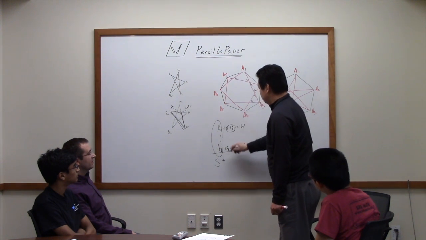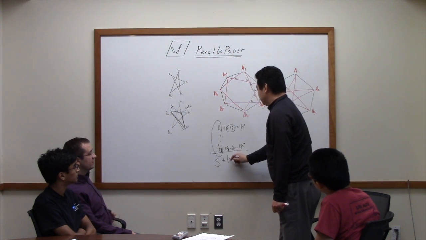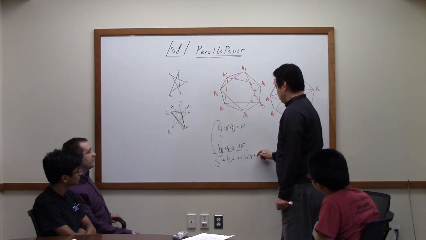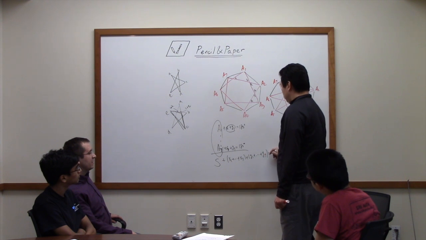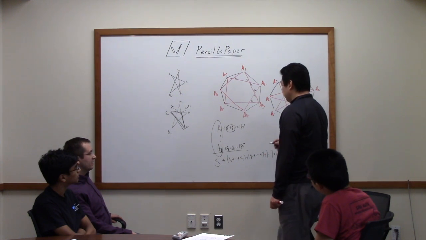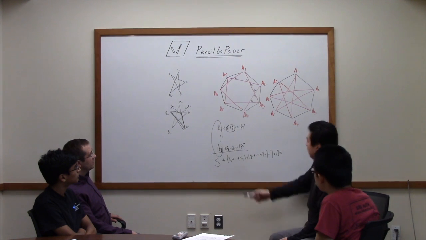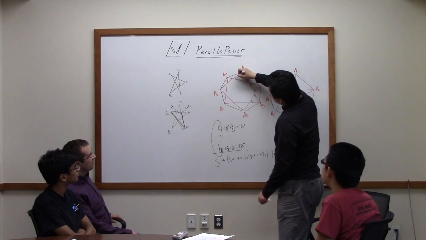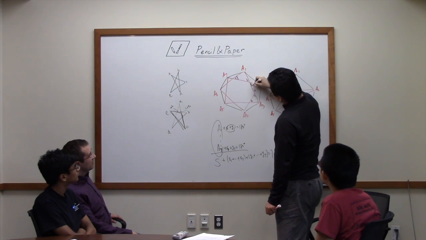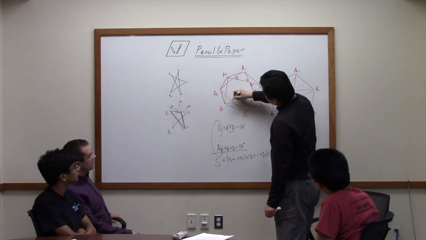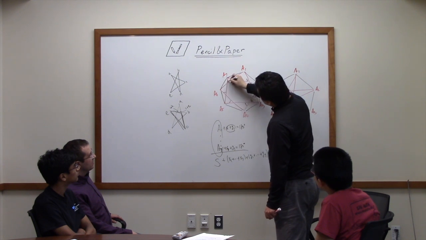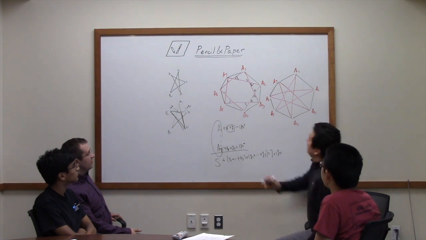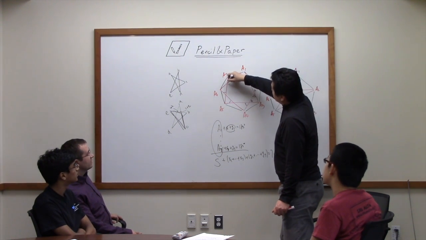Here we have these 2 groups, and we have 7 times 180. So how do we add X1 through X7? X1 is here, X2 is here, X3 is here, X4 is here, X5, X6, and X7. Those are basically 7 exterior angles of the inside heptagon.